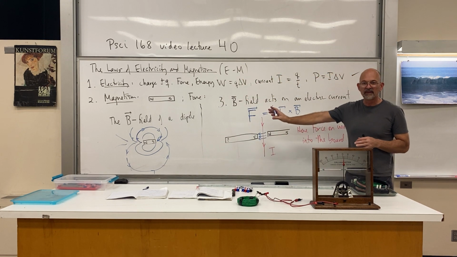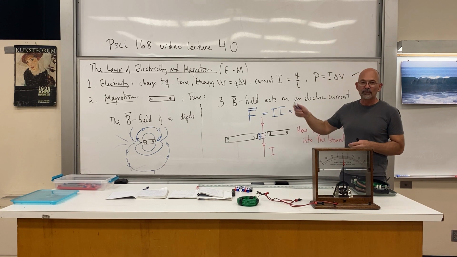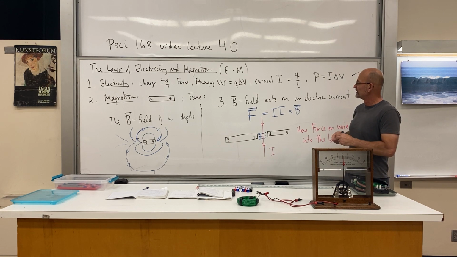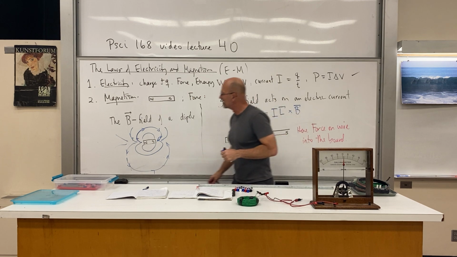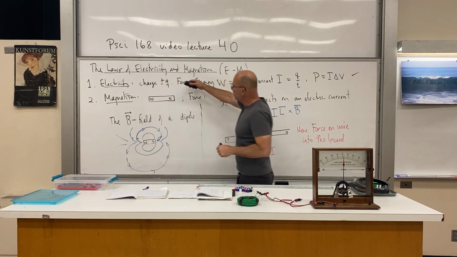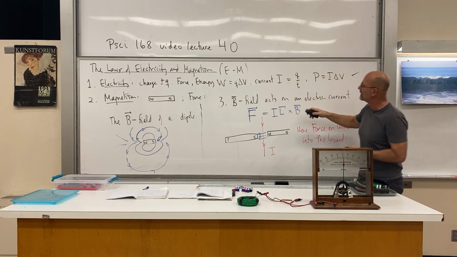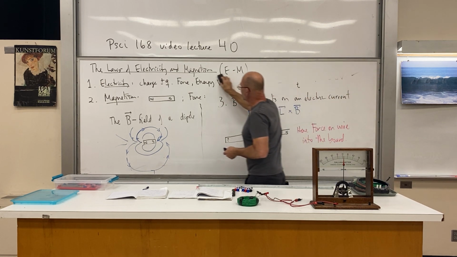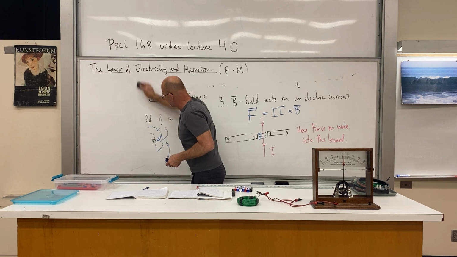You might want to look this up too and see if you can get some interesting pictures of that. So that's point 3. I'm going to have to erase the board and move on. The next one: electricity, magnetism, finally the link between the two. And now the next one is another link between electricity and magnetism.